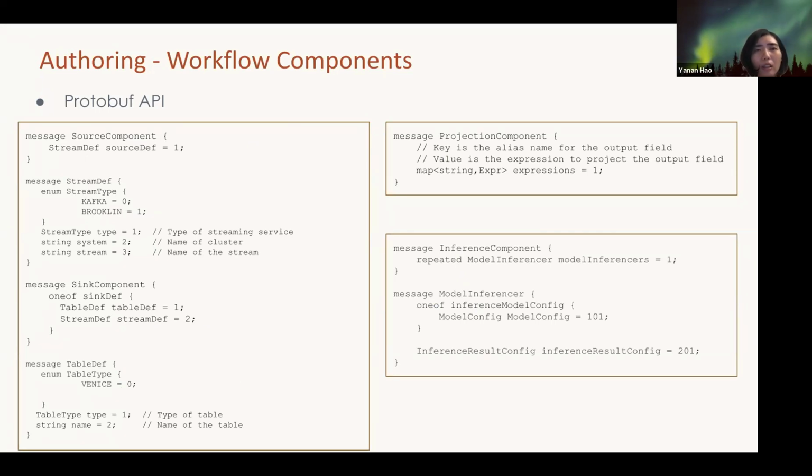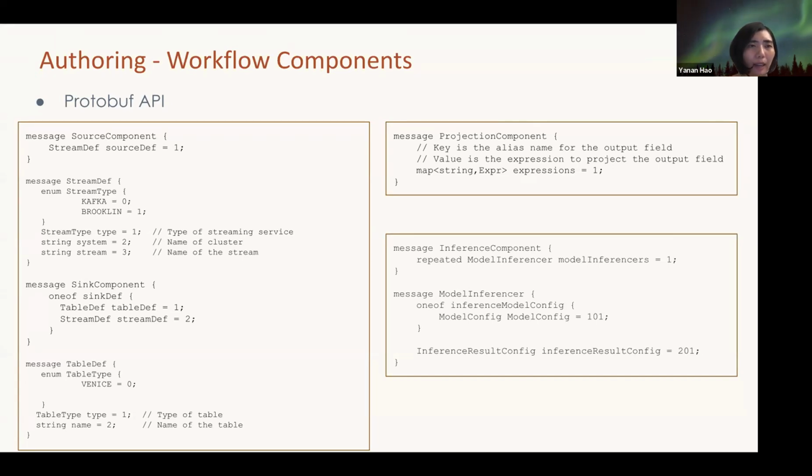A key feature of workflow components is that every workflow component exposes a protobuf API. What it means is that the interface of the workflow component is defined as a protobuf message. Here are some examples.